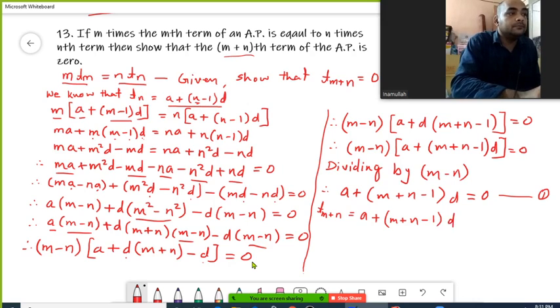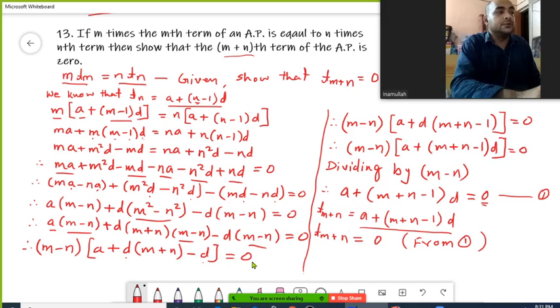Now T(m plus n) is equal to 0. This part is already proved as 0 in equation number 1. So here you can say from 1.